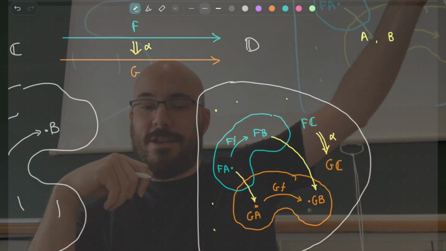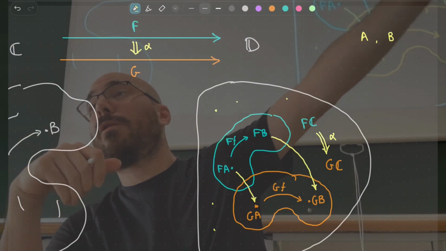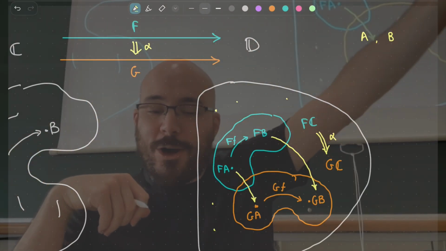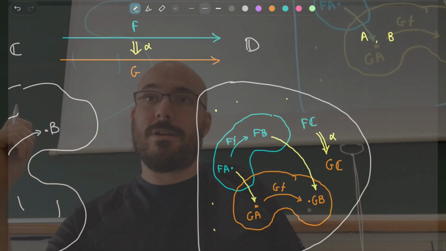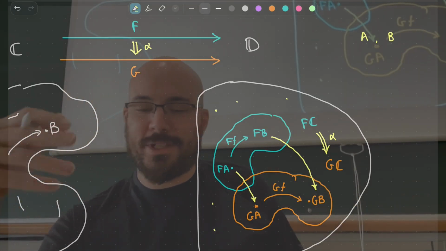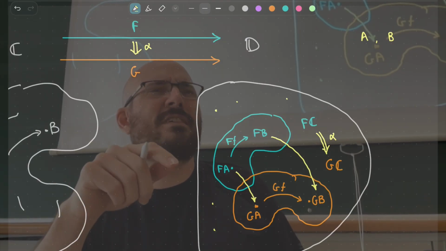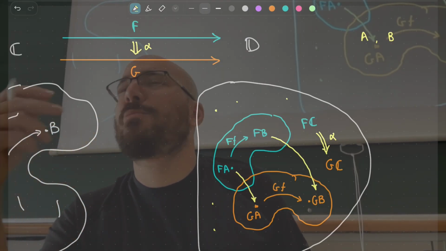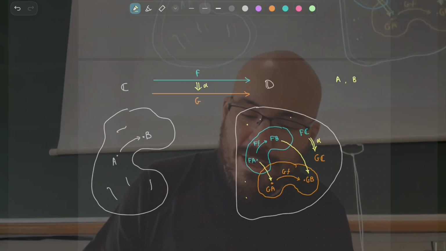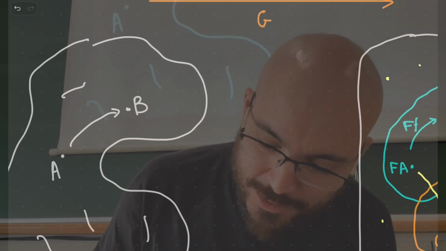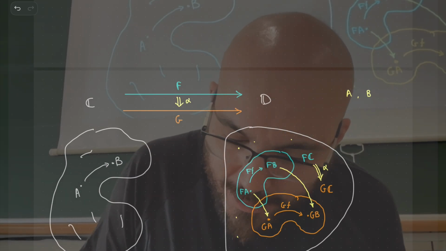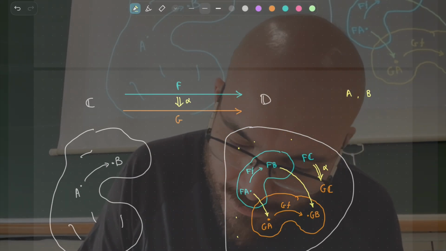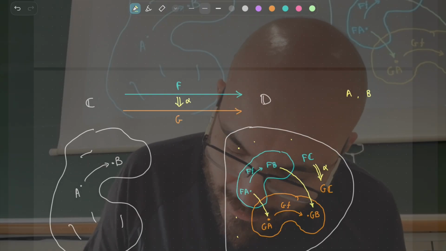And the idea is, in order to give you an alpha, I have to give you all this bunch of yellow things. Okay, how many yellow arrows do I have to provide? As many as what? I don't want to say 2, okay? I want as many as what? C0. As many as objects I have in C, right? Because what happens here is that if you focus on an object of B, it will become messy, so bear with me.